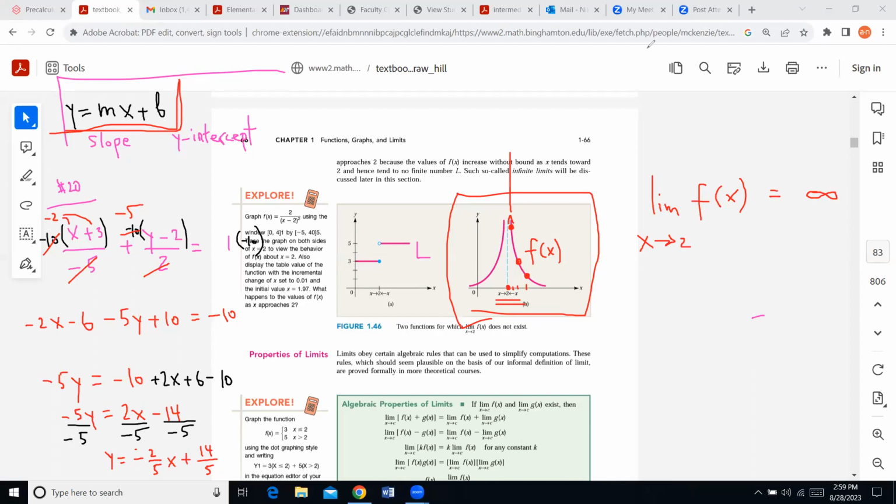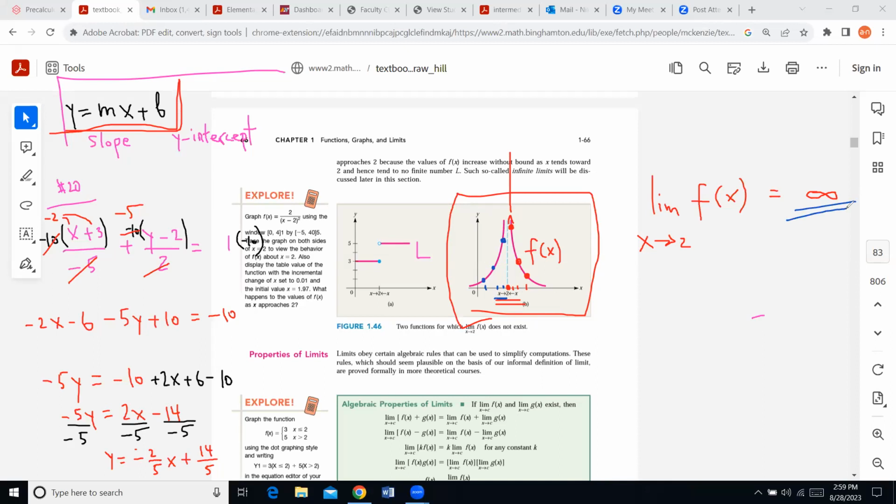There is another important observation here: we may approach this point from the other side. And it could also be getting closer and closer. The y coordinates of this point are also getting closer and closer to infinity. So no matter if you approach number 2 from the right side or from the left side, our y coordinates all go to infinity.